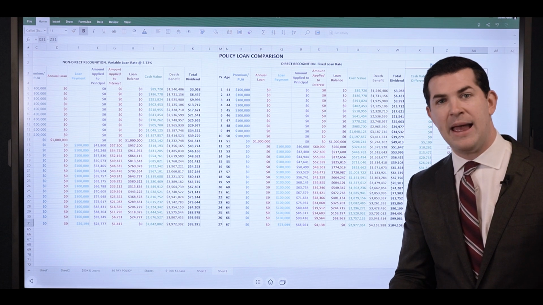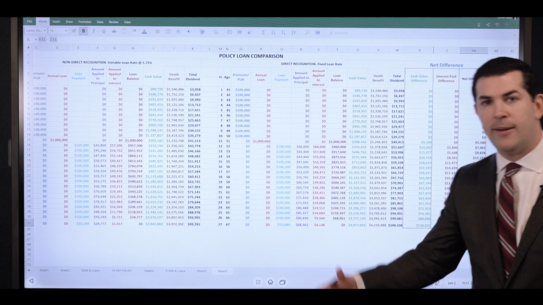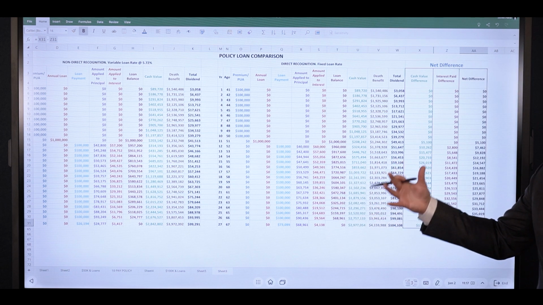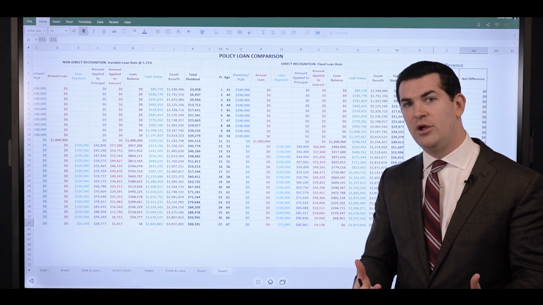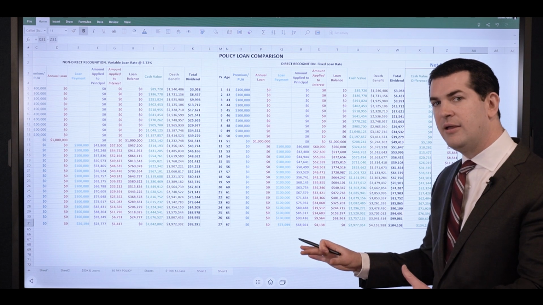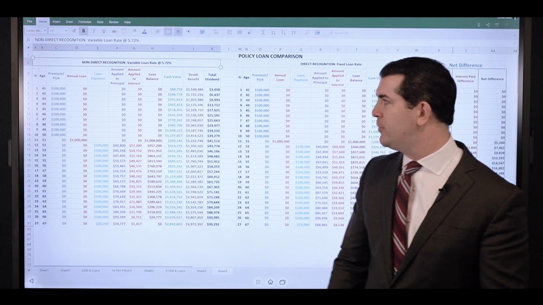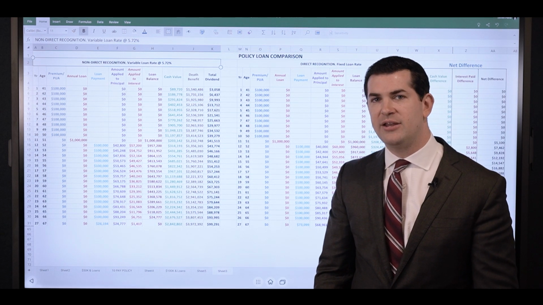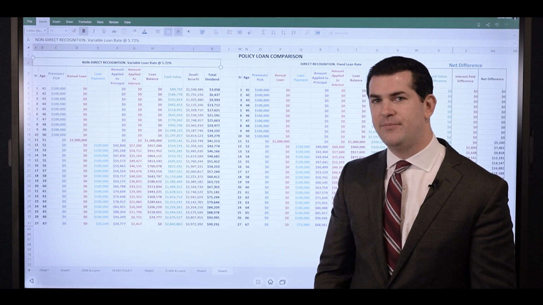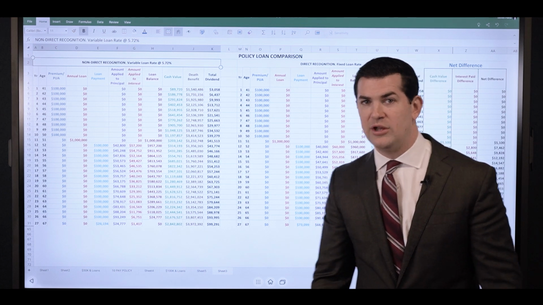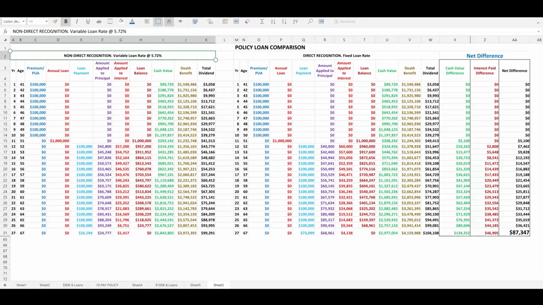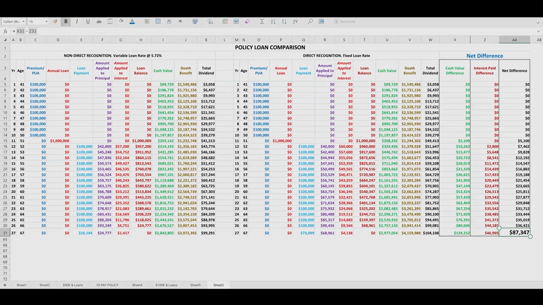As the years pass and dividends go up and how companies treat their direct recognition loans, that's going to impact this. If we were to do the same case study a year or two ago, say 2 years ago, where that variable loan rate was close to 3%, what's going to happen? You're going to spend a whole lot less in loan interest, and then that net difference is going to be very, very close to a wash. So my point is there's typically not a huge difference there.